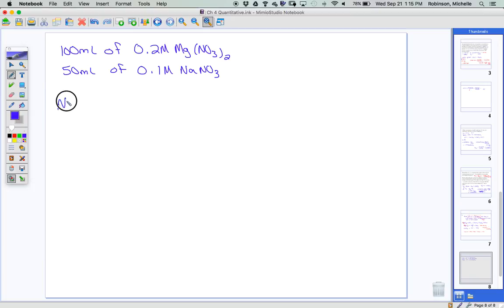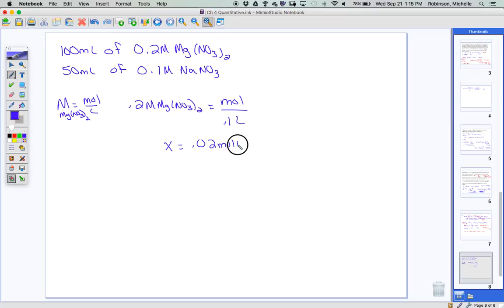All right, so molarity equals moles over liters, and we'll do the MgNO3 first. So 0.2 molar MgNO3 is going to equal, and you certainly can just multiply. You don't have to do this setup. I'm just trying to be consistent so that everybody can follow it. All right, so X equals 0.02 moles of MgNO3 2.